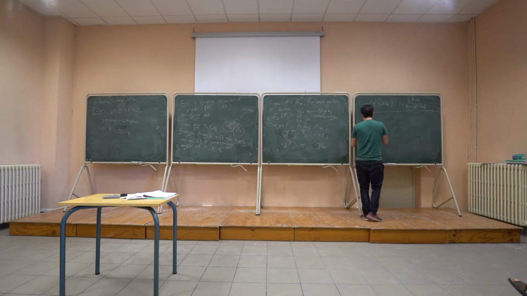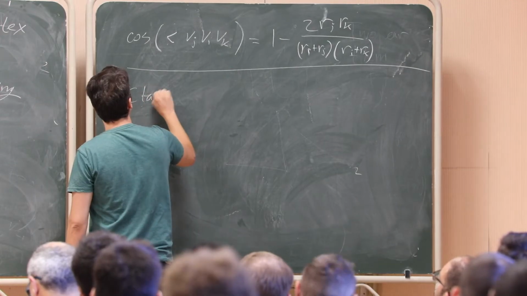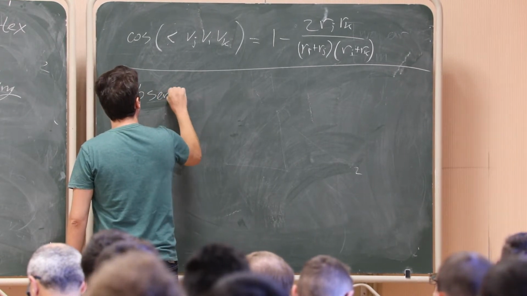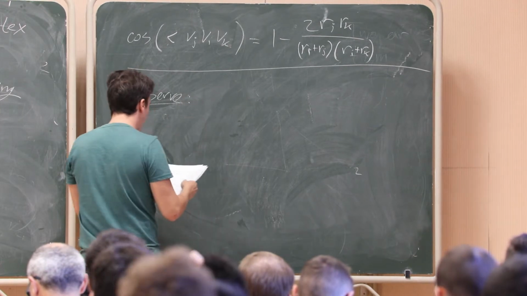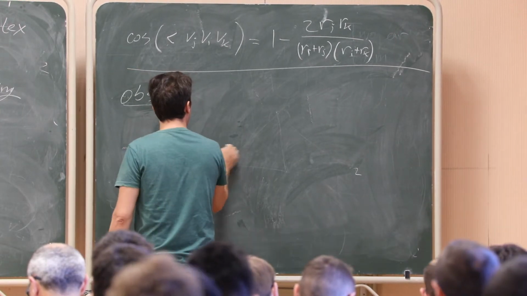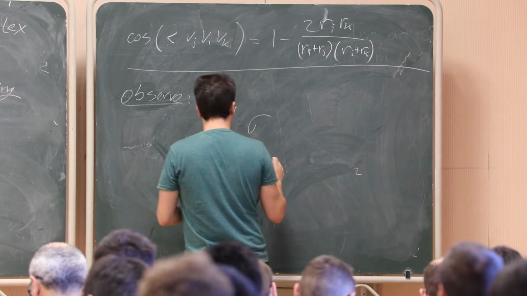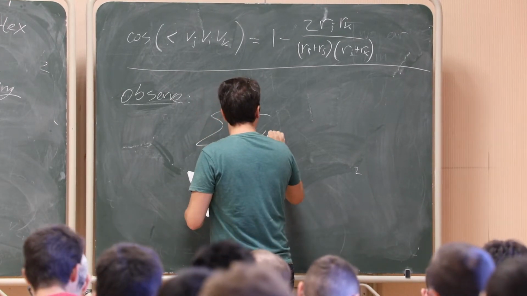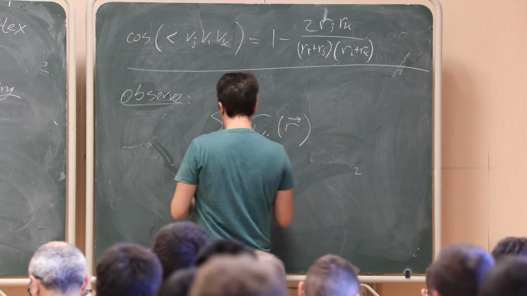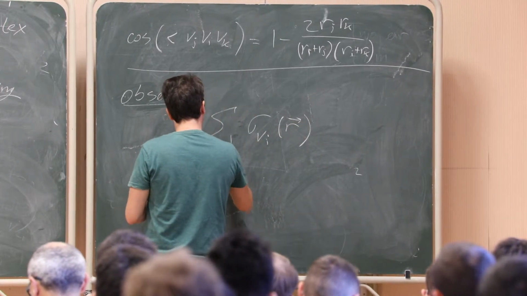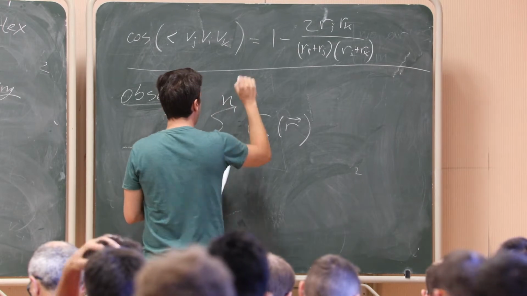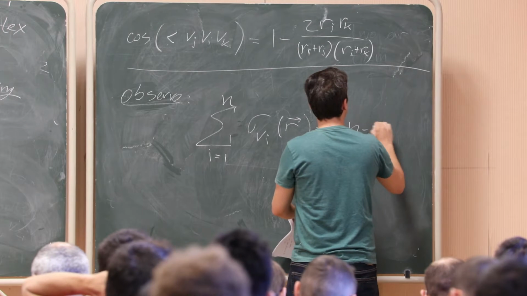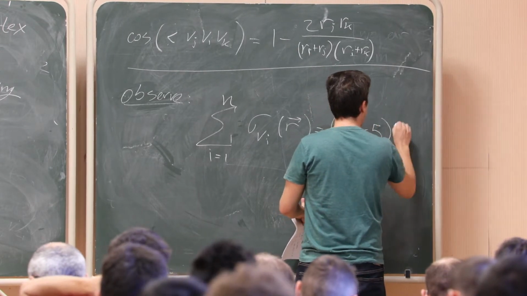The first thing that we note, let's observe, is that if I go over all the vertices and sum their sum of angles, over all i from 1 to n, then this equals (2n minus 5) times pi.